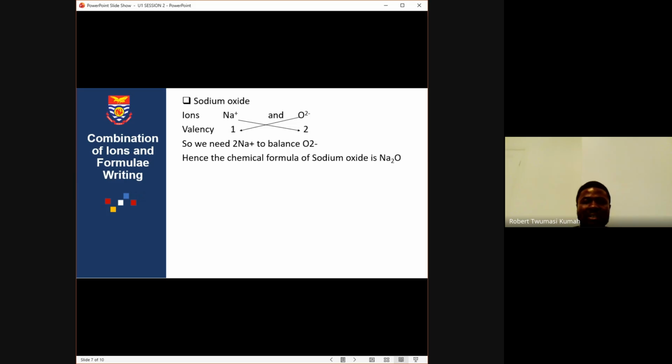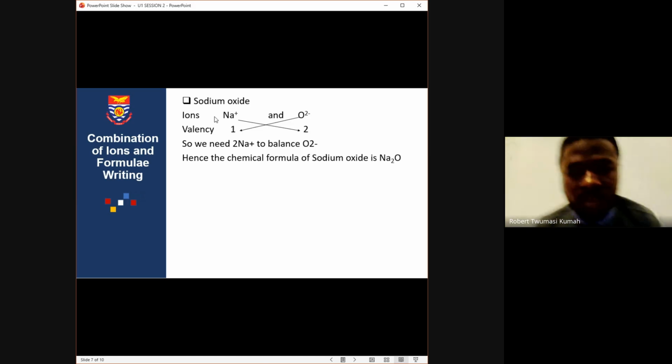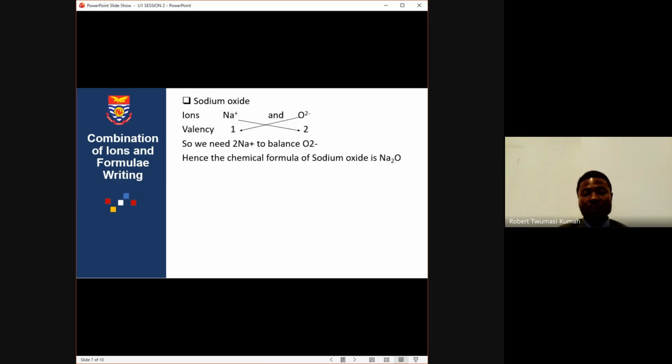What we need to do is get 1 more of the sodium, since each one will contribute a charge of +1. So if we get 1 more of the sodium, we are now going to get 2 sodium atoms, each with a charge of +1. So +1 plus +1 will give us +2. So at the end, we are going to have +2 here, -2 here for it to cancel.